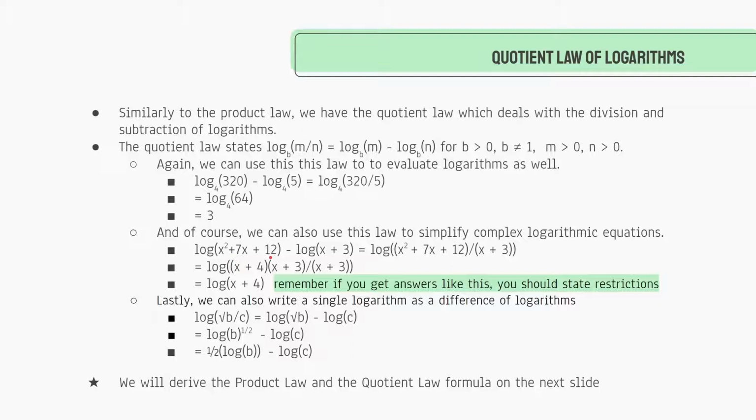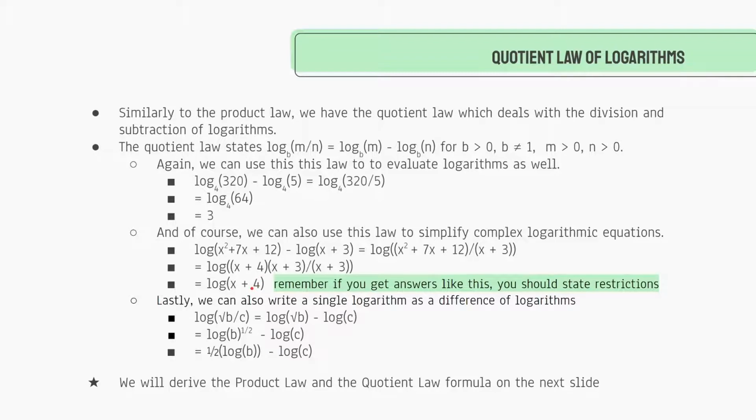So value number 1 divided by value number 2, we get this. We can easily factor x squared plus 7x plus 12, which is x plus 4, x plus 3. The values cancel out, right? And now we get log of x plus 4.